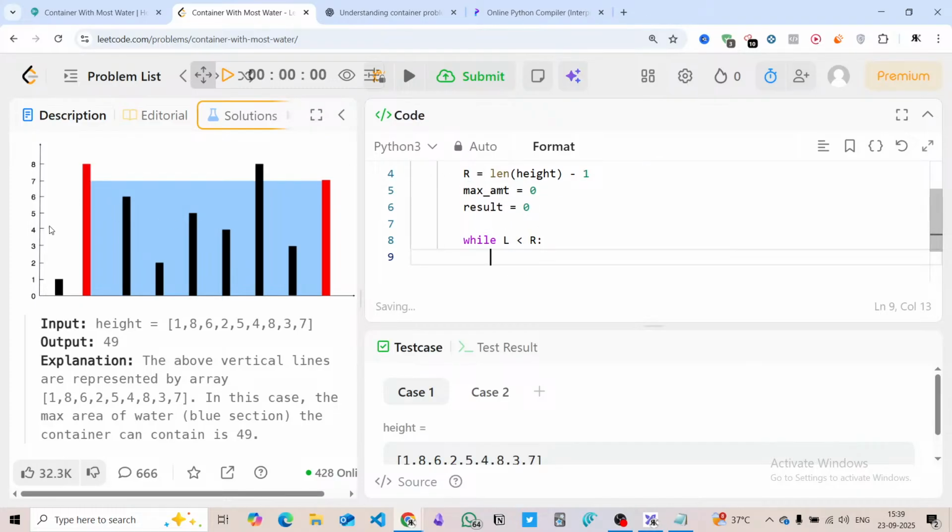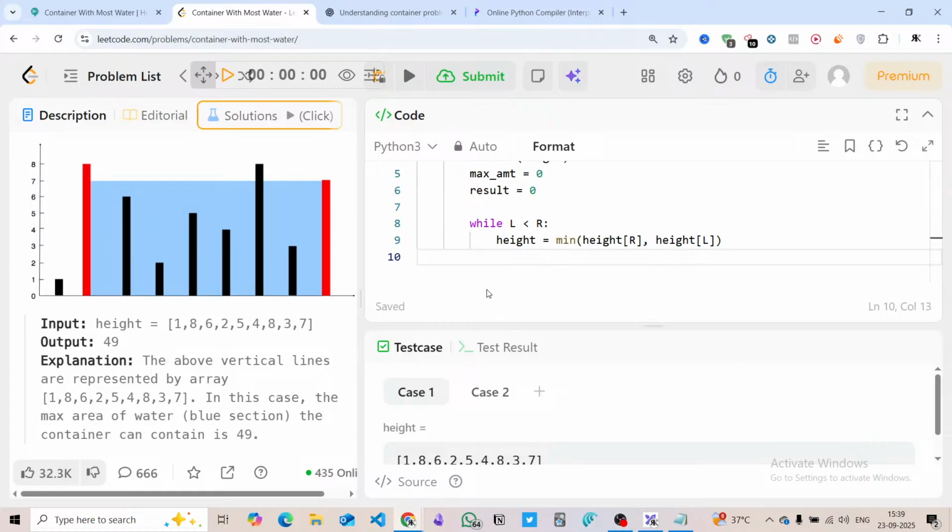first we need to find the height, which is equal to the minimum of height of R, comma, height of L. And then we need to find out the width, which is equal to the index of the right one minus the left one.